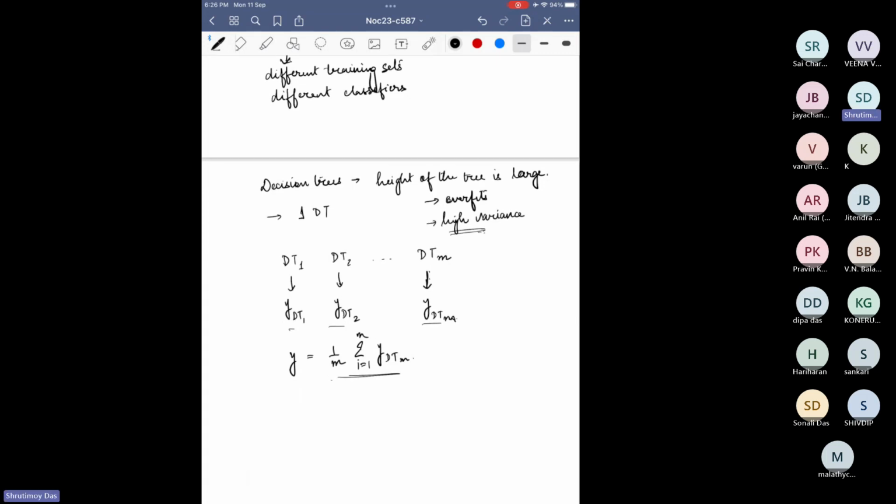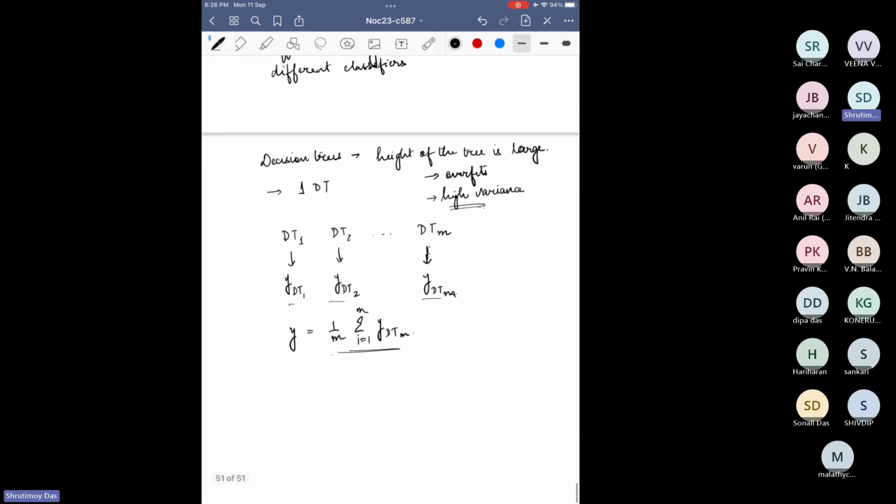Another example is a random forest. Ma'am talked about weak learners, right? Weak learners are those for which the accuracy is just greater than 0.5, say 0.501 or 0.51.